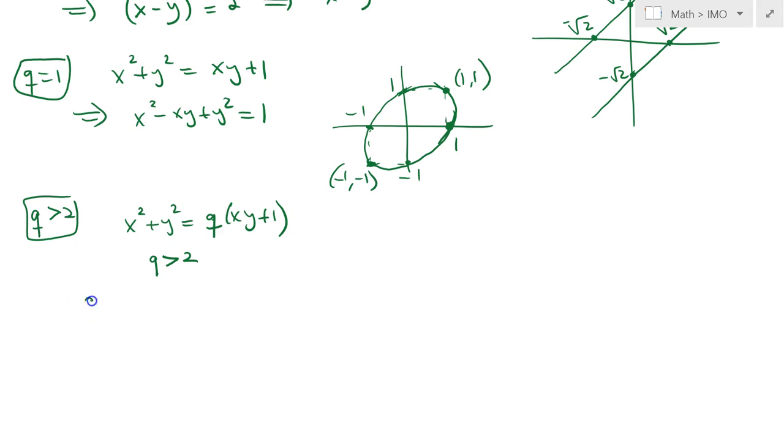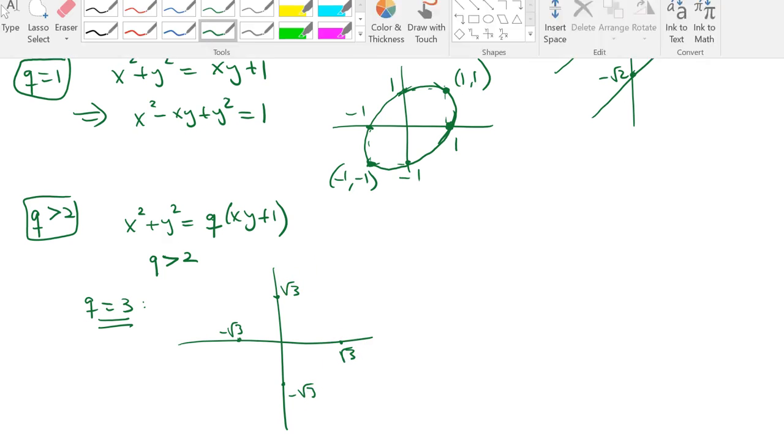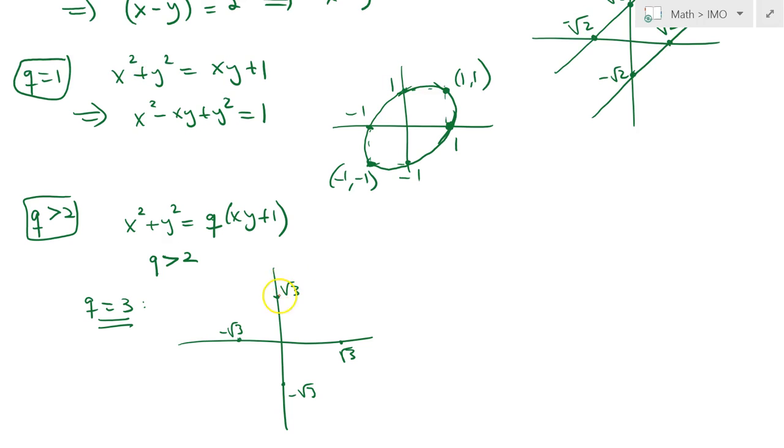So for q equal to 3, our solution looks pretty much like this. You have root 3 here, negative root 3, again negative root 3, and root 3 here. Let me use another color: this nice hyperbola shape, like that and like that.